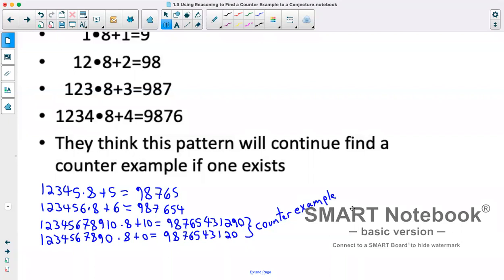Now, if we want to continue using that same conjecture, we'd have to say that it works for numbers 1 through 9 as we put them in here. It does not work when that number that we are adding here becomes double digits.